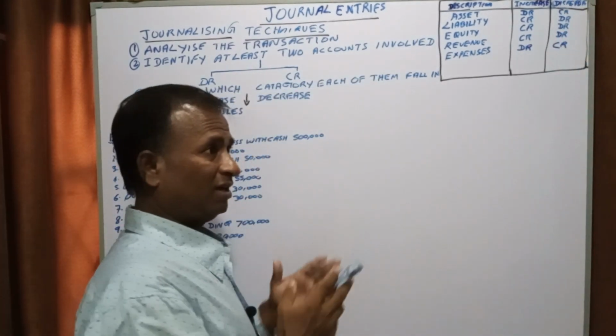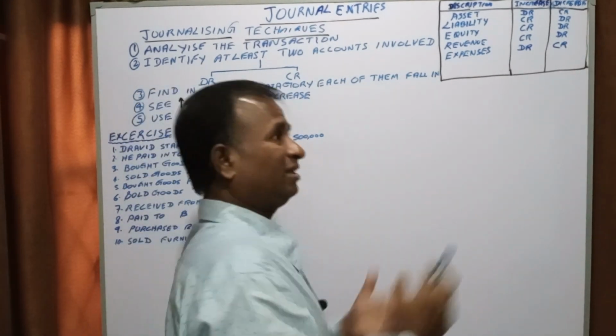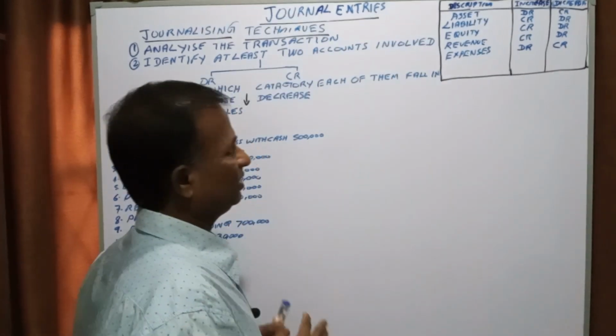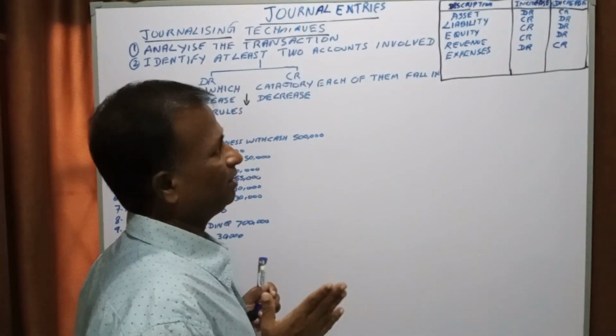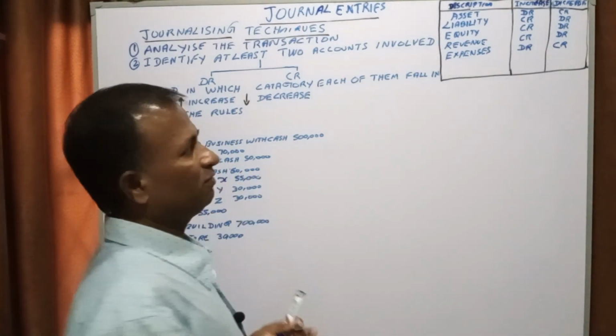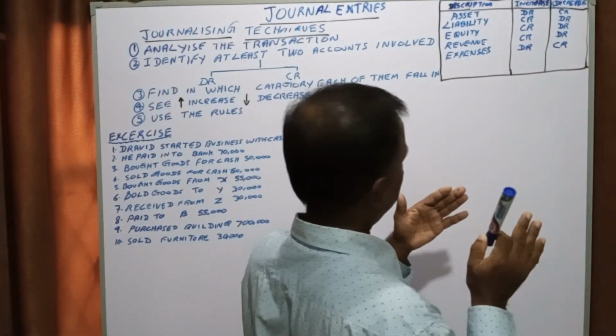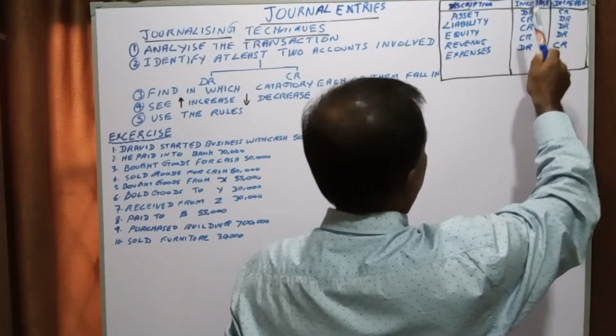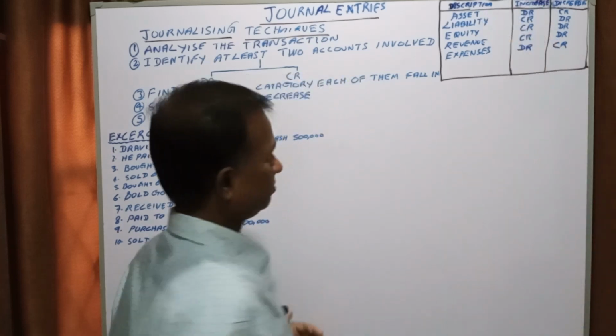When our liability is increasing, we have to credit it. Equity is the same as liability. If the equity is increasing, we credit it, and when the equity is decreasing, we debit it.